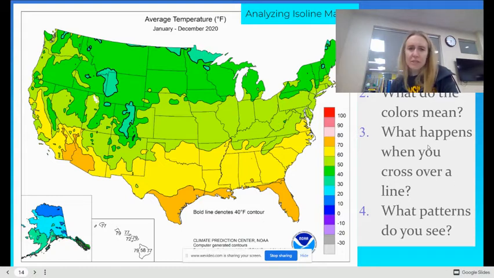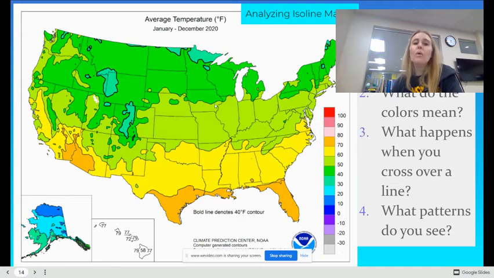So what happens when you cross over a line? If I am down here in southern Iowa and I'm moving up here to northern Iowa, what the difference is as we cross over this line is that we are moving from a region that has the average temperature between 50 and 60 to a region where the temperature average is between 40 and 50.